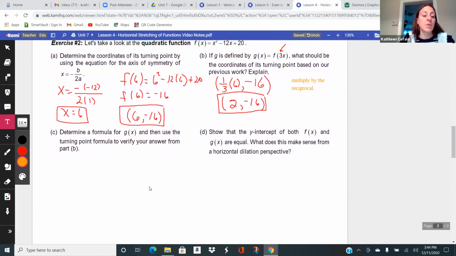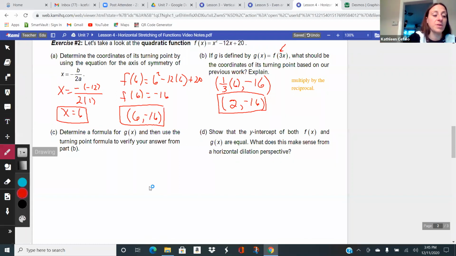Okay. So now we're going to determine a formula for g of x, and then we're going to use the turning point formula to verify our answer from part B. All right, so if we need to find a formula for g of x, keep in mind what they've told us back here. They told us it's equal to f of 3x. So g of x is going to be f of 3x.